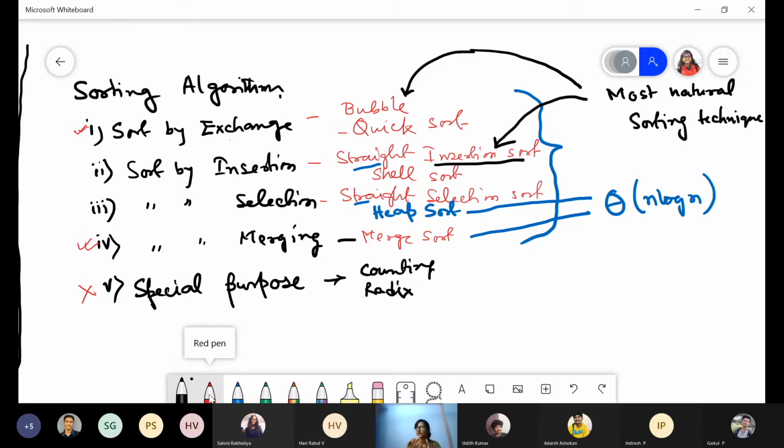And if you have played a card game, then also you have used the insertion sorting technique. That is actually the most natural one. Bubble sort is also to some extent natural, where you put the maximum one at the end and then keep on arranging. So these two are more natural.